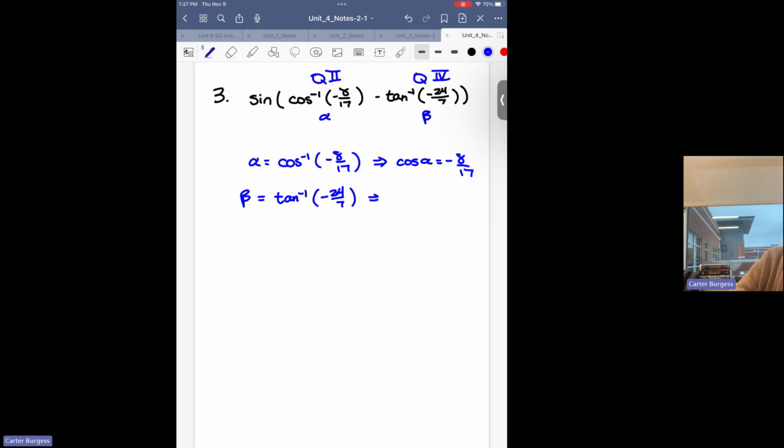If beta is equal to tangent inverse of negative 24/7, how can I rewrite this? Tangent of beta is equal to negative 24/7. And these are triangle problems again.